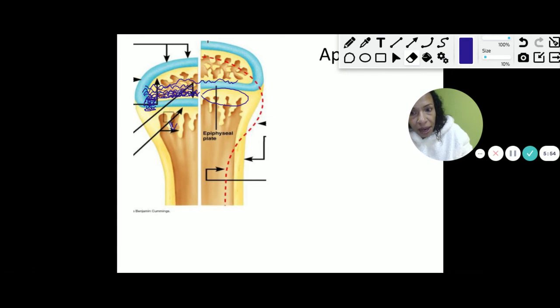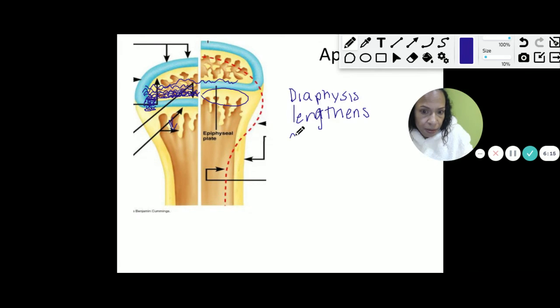And they'll leave the outer part where the outer compact bone should be. And so that's the way we're lengthening the diaphysis. So the diaphysis lengthens at the epiphyseal plate.